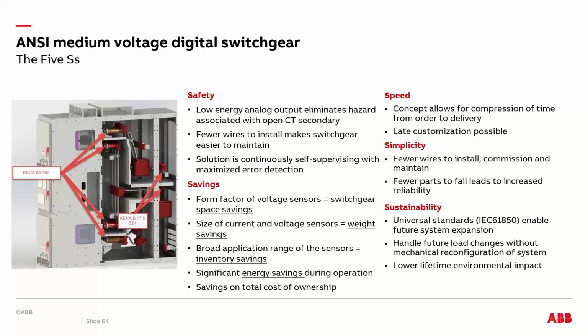Simplicity, it's fewer wires to install, fewer maintenance requirements in this whole process, so it's increased reliability. Sustainability, universal standards, IEC 61850 enables future system expansion, future load changes without any mechanical reconfiguration, because these sensors can cater to a huge range, so lower lifetime environmental impact.